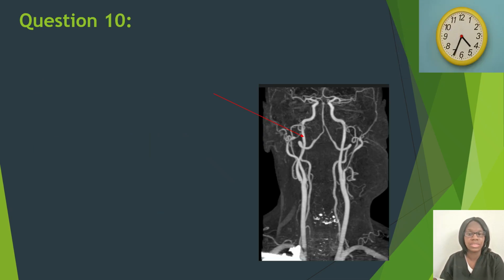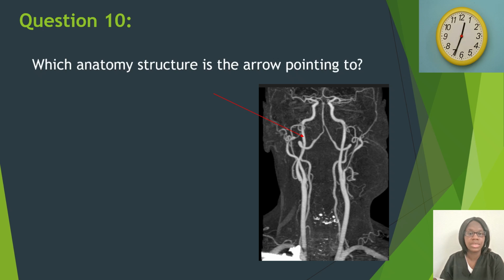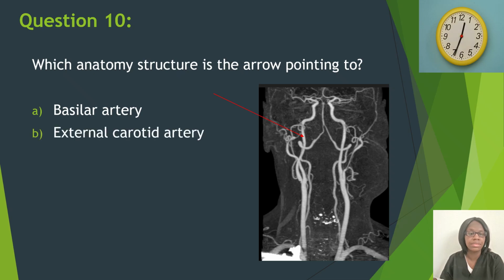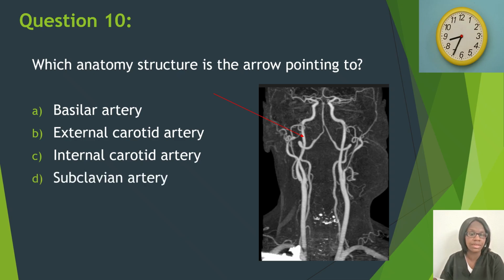All right, so question 10. Which anatomy structure is the arrow pointing to? A. Basilar artery. B. External carotid artery. C. Internal carotid artery. D. Subclavian artery.